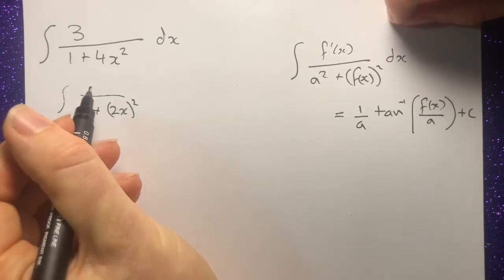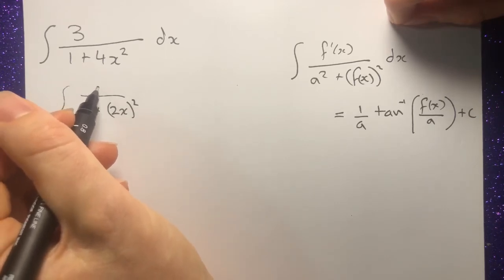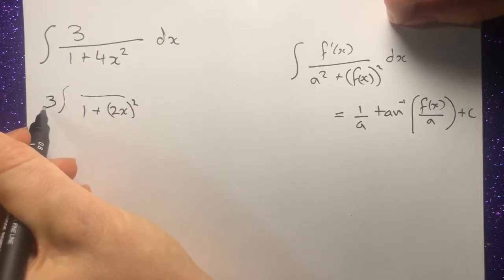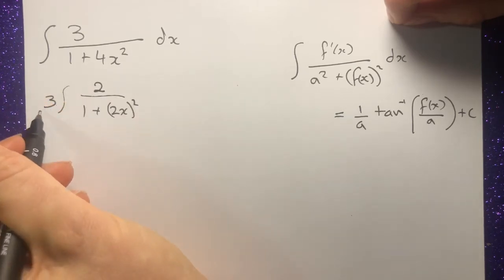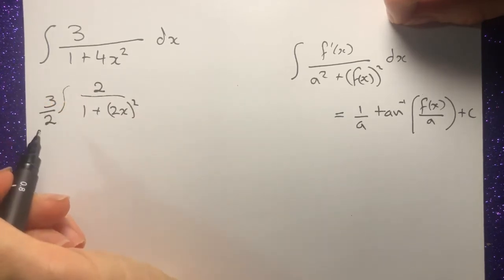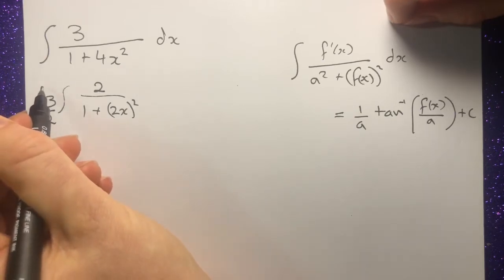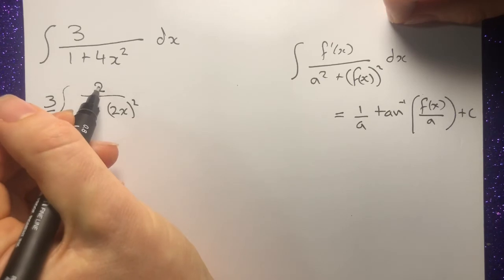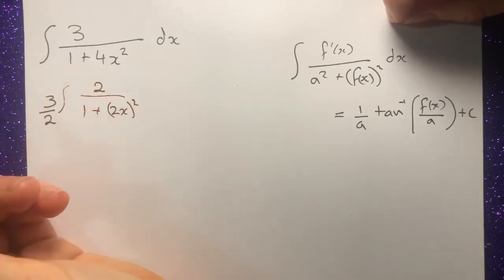Now it doesn't matter to me that there was a 3 and I want a 2. What I'm going to do is, the 3 is a multiple of this, so it can actually just pull out the front. And I'm going to put my 2 on the top, and then because I introduced the 2, I'm going to balance it off. If I introduce a number to the bottom of a fraction, I'll balance it off on top. And if I introduce a number to the top of the fraction, I balance it underneath in the fraction that I put out the front. And any number that's in the way, I just push forward.